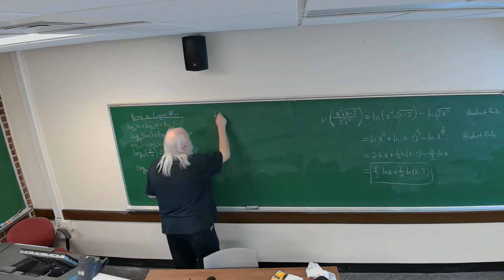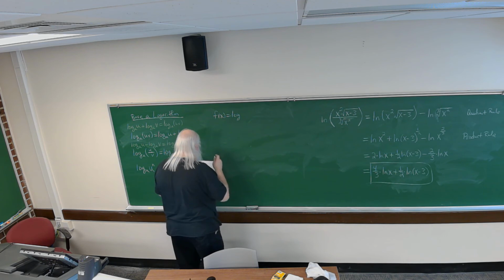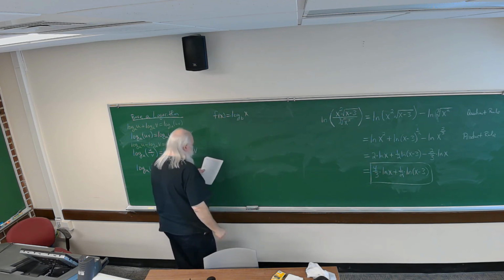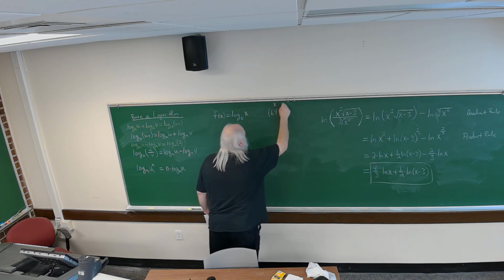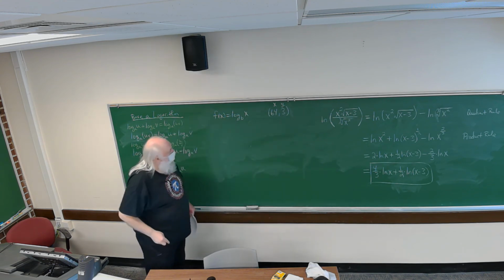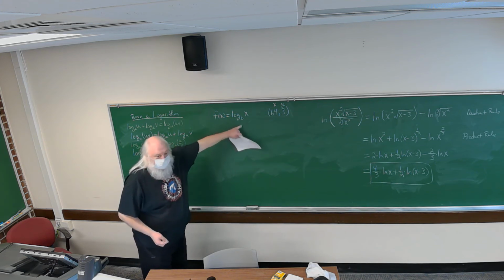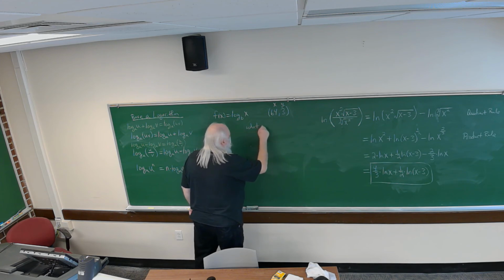So f of x, the logarithmic function, log base b of x, and its graph passes through the point 64, 3. 64 is the x coordinate, 3 is the y coordinate. So we basically got to figure out what b is. What is b for this function?